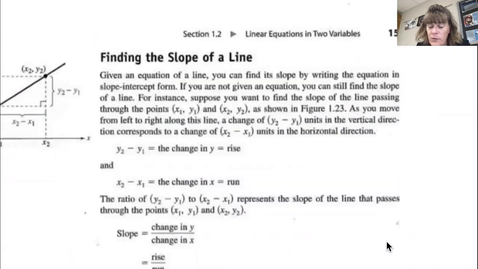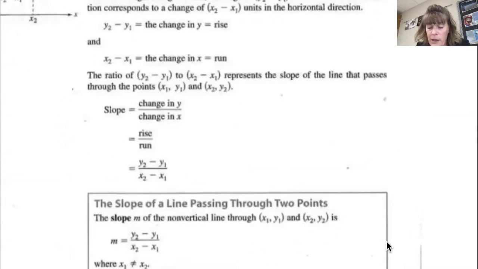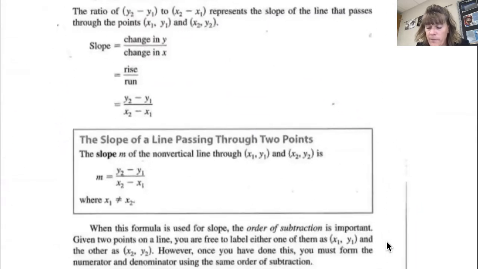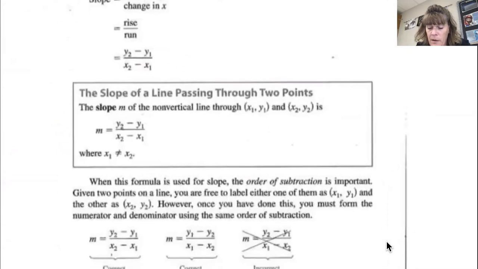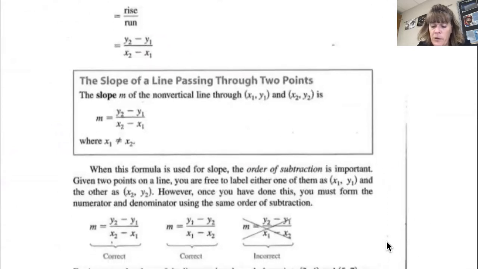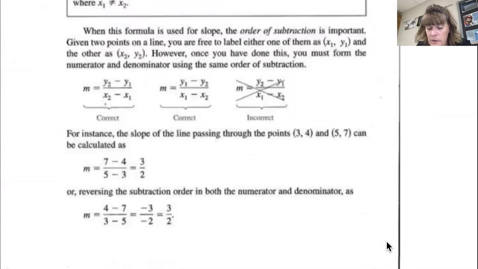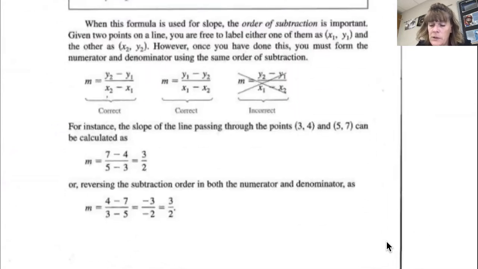All right, so that brings us to finding the slope of the line. And now we're moving into the formula. So we have the slope formula right here. Remember it's the change in y's over the change in x's. So let's just go ahead and throw this one out there. We have 3, 4 and 5, 7.